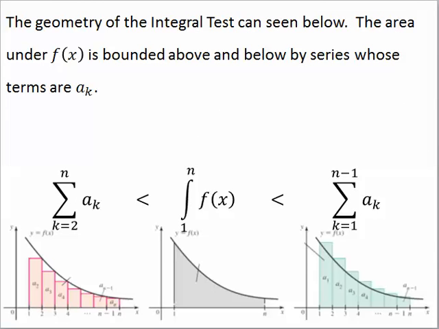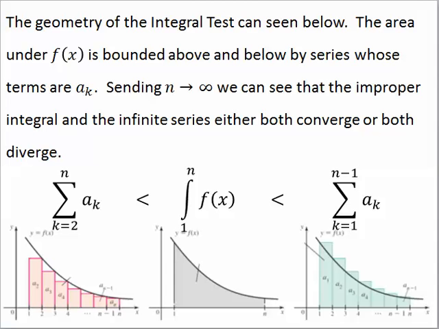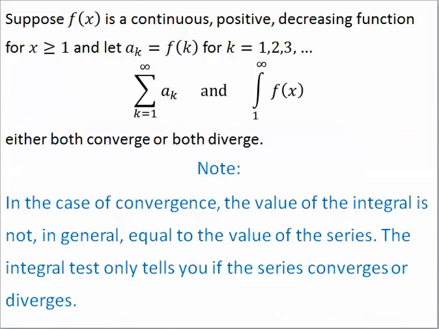And just a quick idea of what's going on. The geometry of the integral test can be seen below. The area under f is bounded above and below by series whose terms are a sub k. Sending n to infinity, we can see that the improper integral and the infinite series either both converge or both diverge.